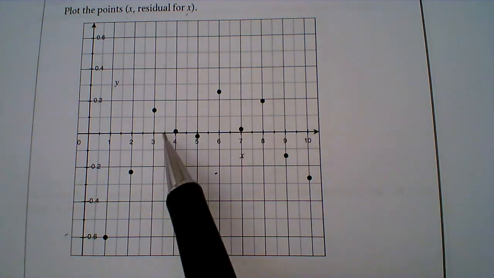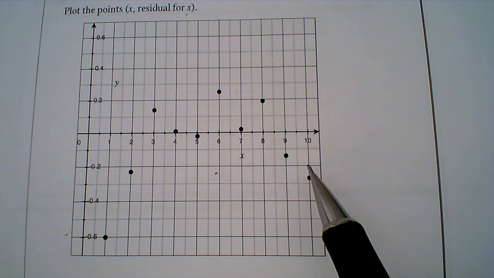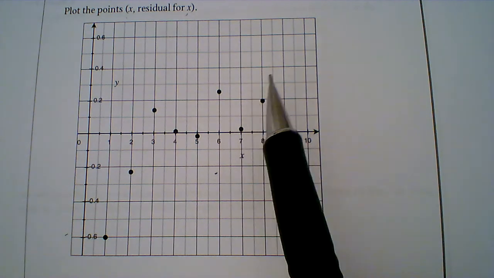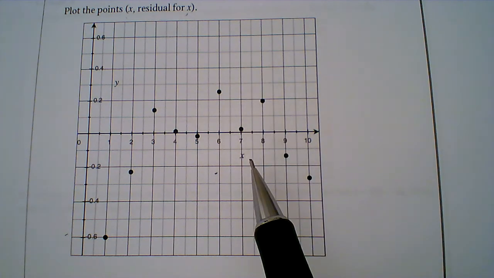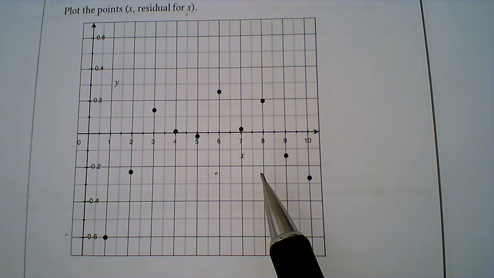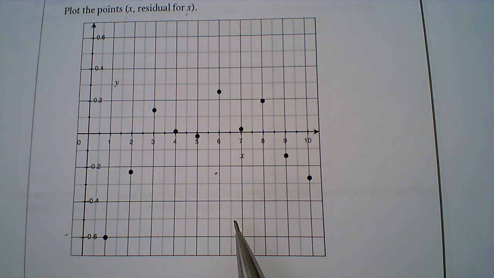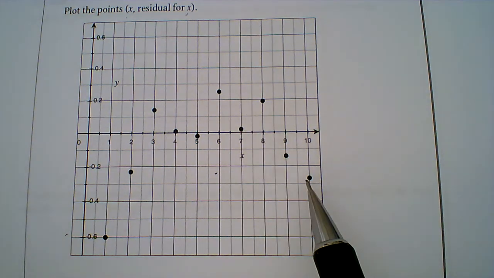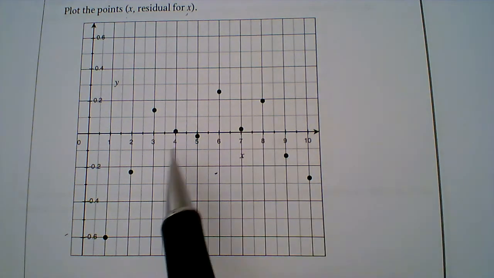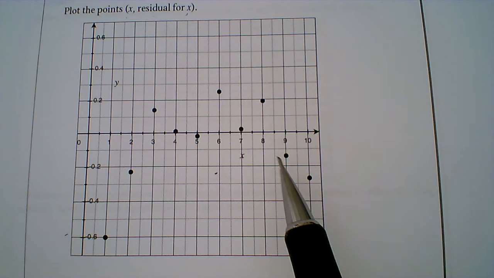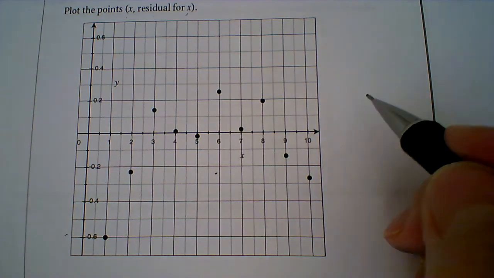So when you have a random residual plot with some positive points and some negative points, then you know the line you have chosen is a good fit. Okay? So it seems a little out of whack. You'd almost expect it to look nicer for us to say yes. But again, our residual plot is random, let me write that down.